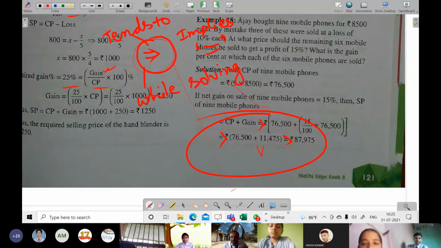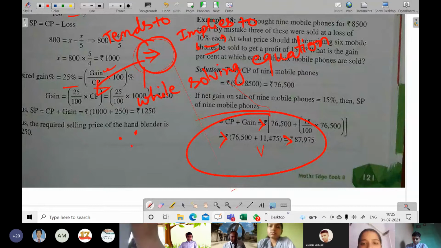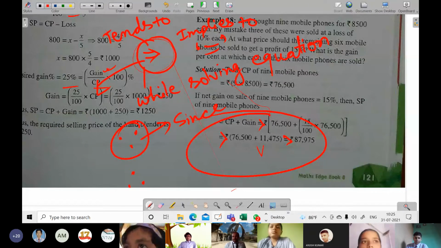This is used while solving an equation, or at the starting of the statement you can also write it. It is better to use since or therefore at the start: since can be used at the start, and when the answer comes at last then you can write therefore. And while solving or simplifying, when you are doing the solution, the is-equal-to sign should be only used. The is-equal-to sign shows that each step is equal.